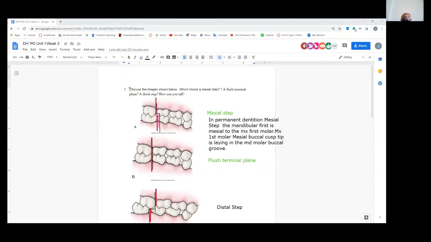These are our permanent molars right here, right? So this mesial cusp tip here is lying in this buccal groove. That's ideal. That's going to be our class 1 occlusion.